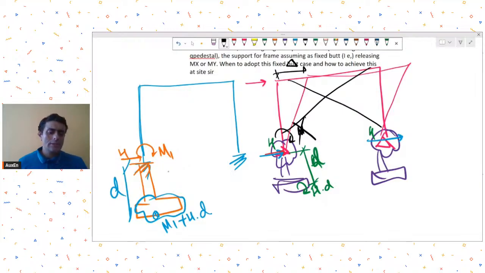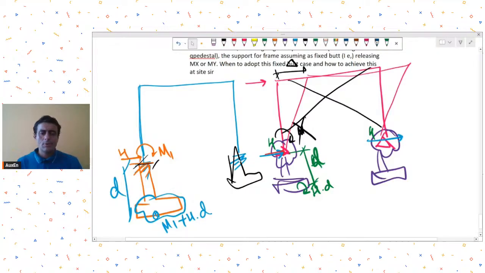So at locations where lateral sway is a problem, or where you have good subsoil conditions, good strata, and you're not very worried about the footing sizes, you may come up with these fixed support systems. So this is how mostly the designers or the fabricators decide whether to provide fixed support or pin support.